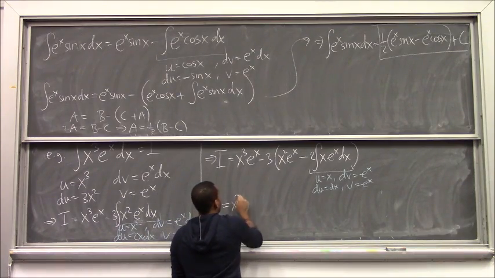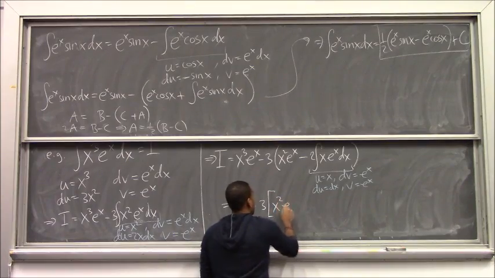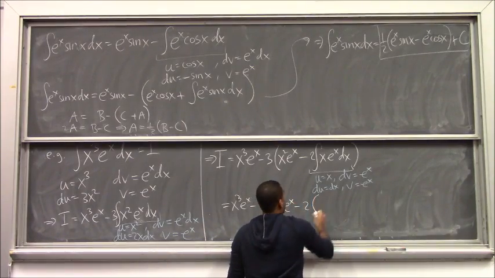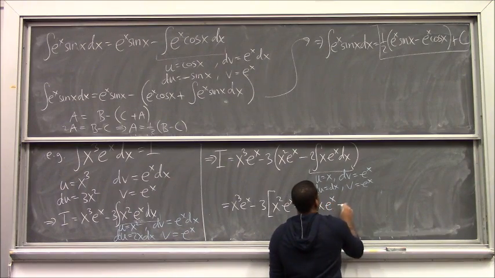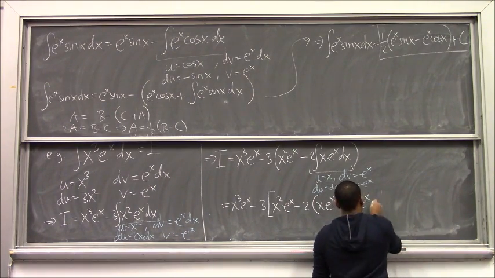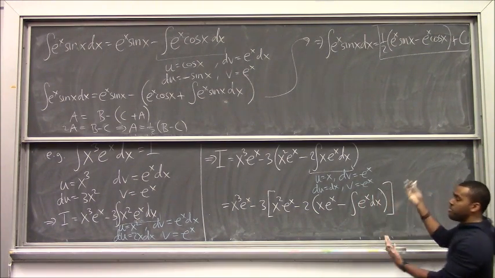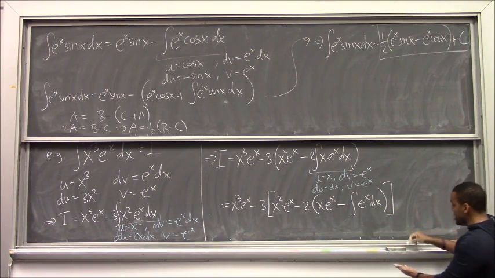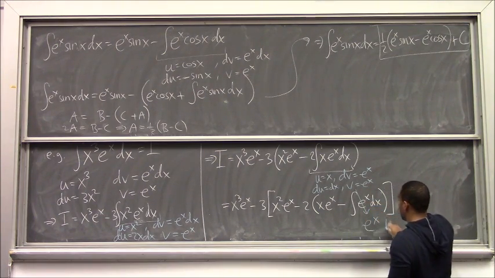Okay, that's going to be x cubed e to the x minus 3, open brackets, x squared e to the x minus 2, open parentheses, u times v minus the integral of v du. And finally, that's something that we can do easier. That's just going to be e to the x.